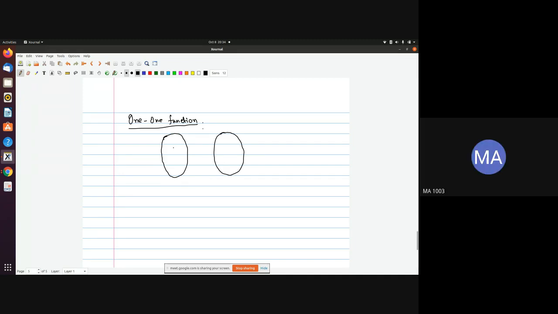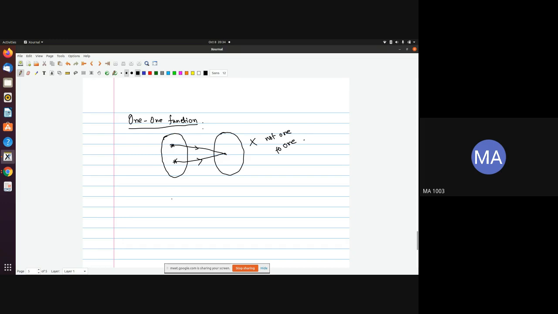Exactly. Two elements cannot give the same output. This is not possible for a one-to-one function. Two inputs cannot give the same output, right?